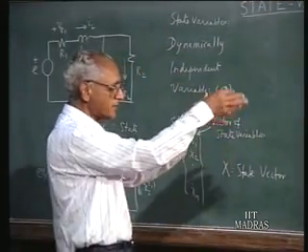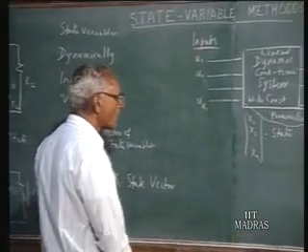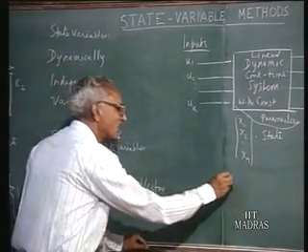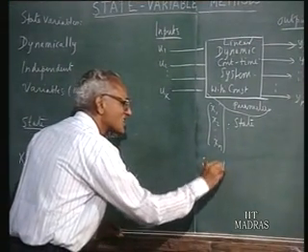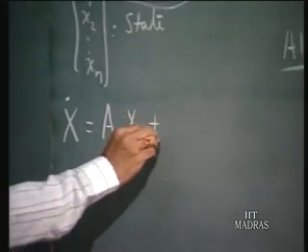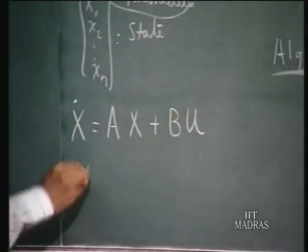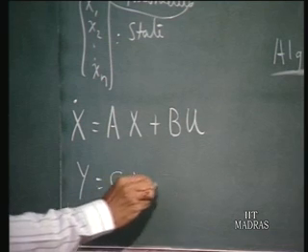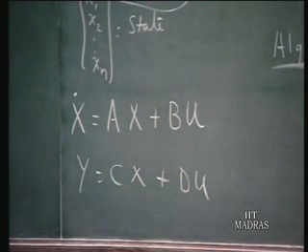So this whole set, these two equations, can be more conveniently written as x dot equals Ax plus Bu, and y equals Cx plus Du, where each one of these entries is a matrix.